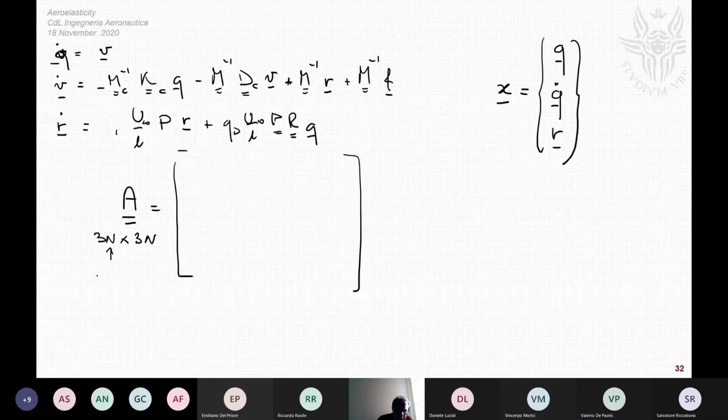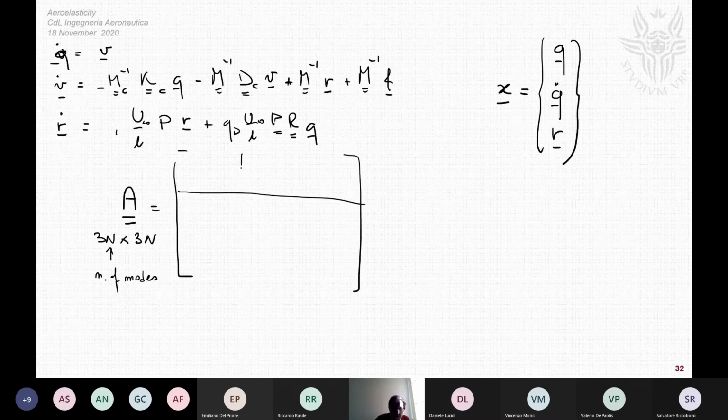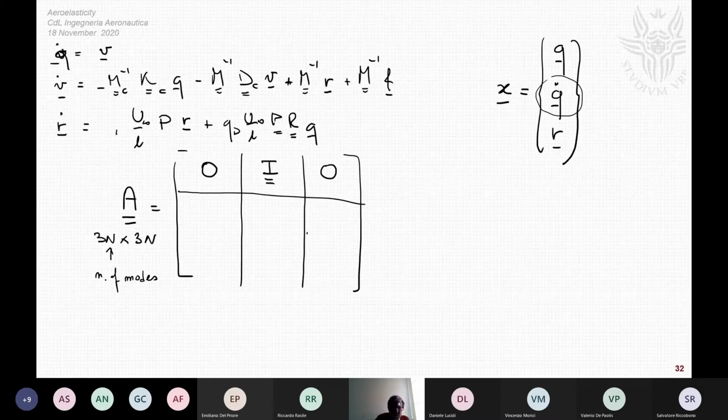N is the number of modes, structural modes used in the analysis. And we have, look at the first equation here. In the first equation, we have V, and therefore V is the second location of your state space vector, and therefore we have 0, identity matrix, 0. First equation.